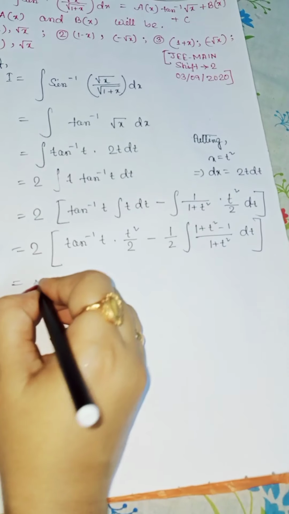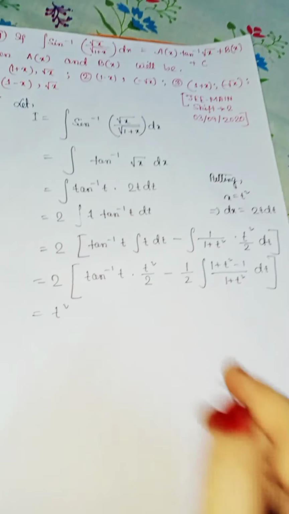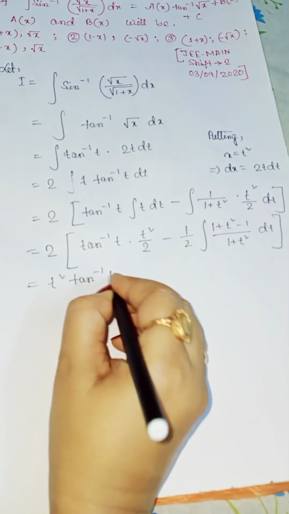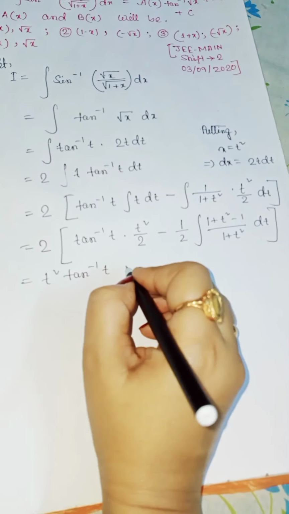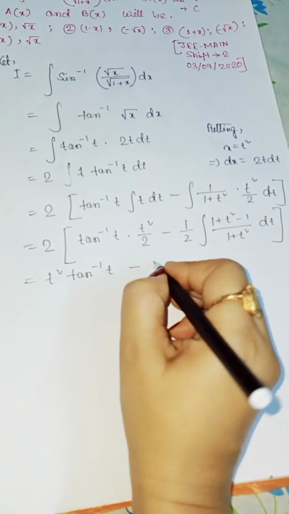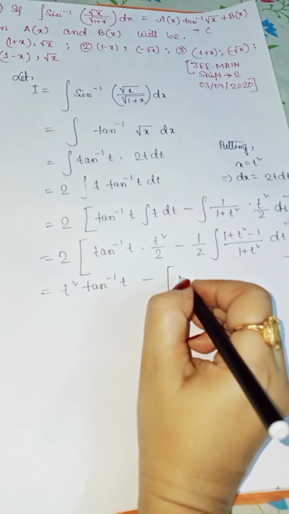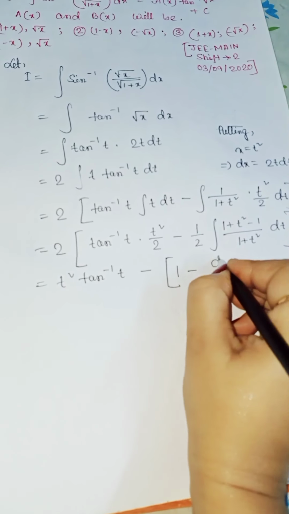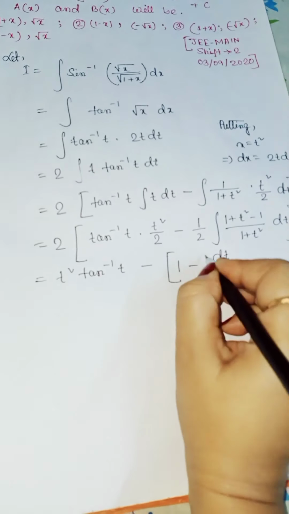Now multiplying this, we get t square into tan inverse t, and multiplying this minus, this cancelled off, and this becomes 1 minus dt divided by 1 plus t square.